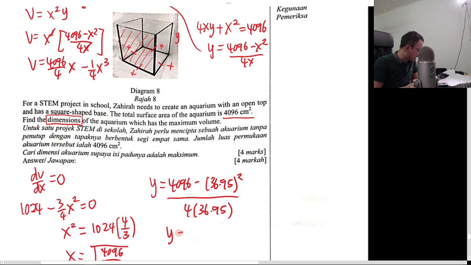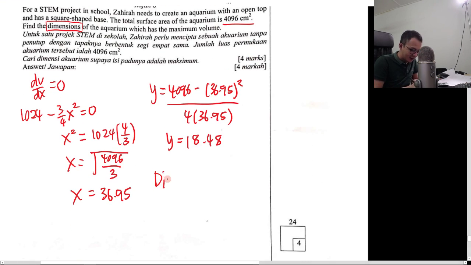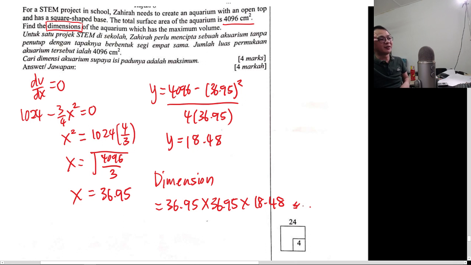Then you type it in the calculator, you should get y equals 18.48. Therefore the dimension should equal 36.95 multiply 36.95 multiply 18.48. This is how we solve this kind of question.